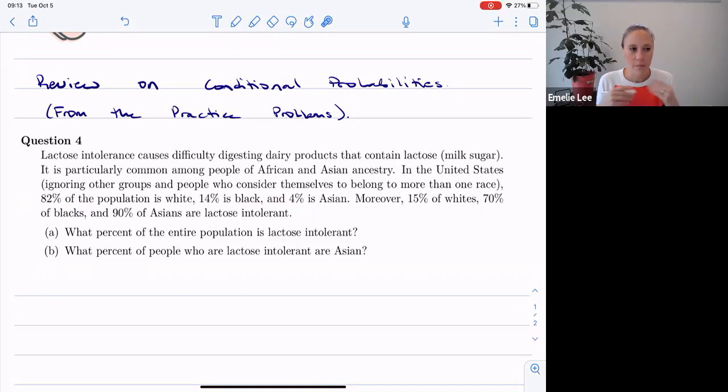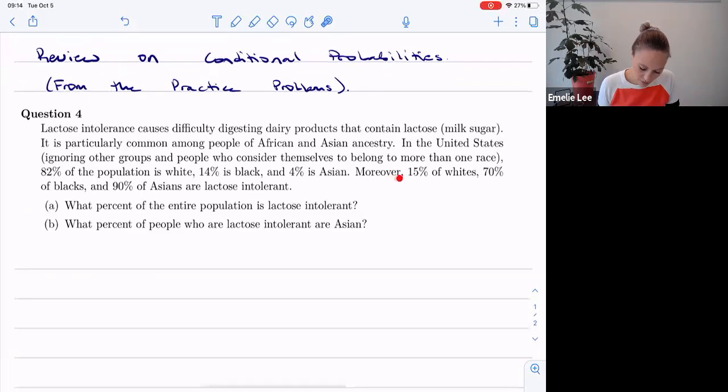But so our first event that has to happen is we need to know what race someone is out of these three possibilities, right? We're just focusing on these three. Then it says, moreover, 15% of whites, right?